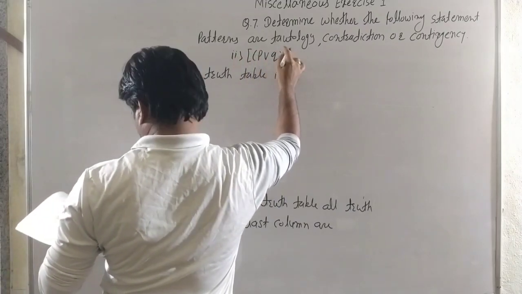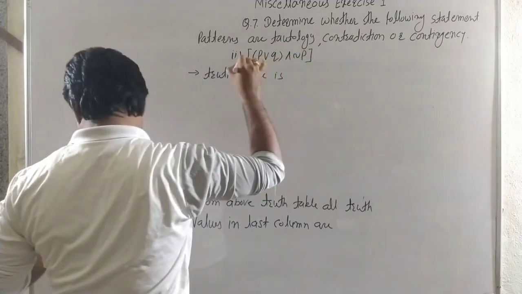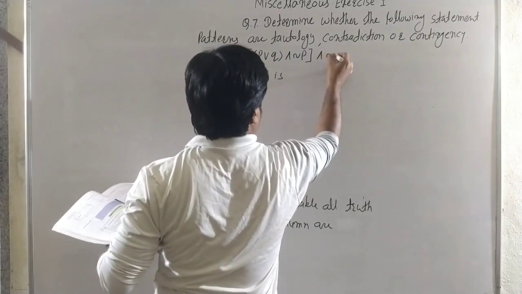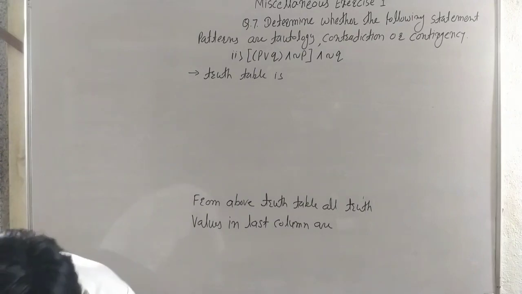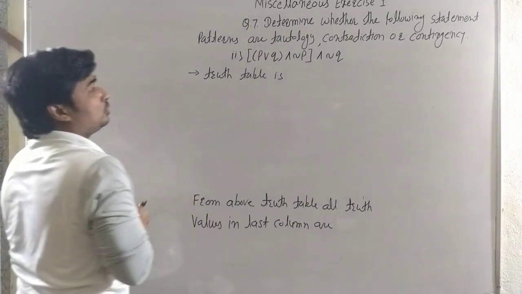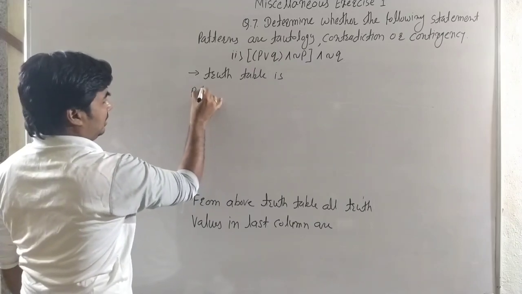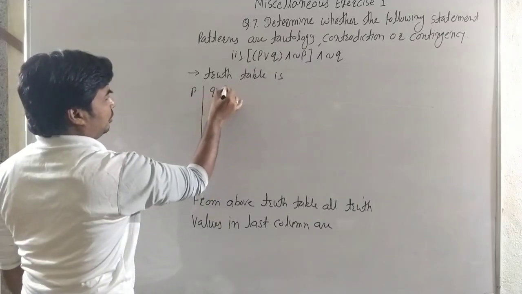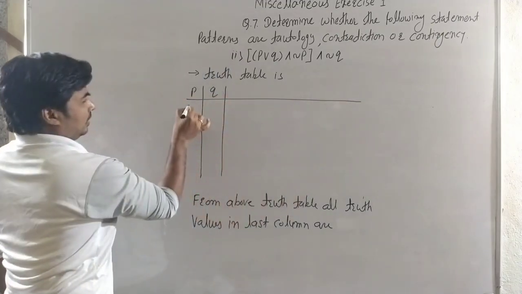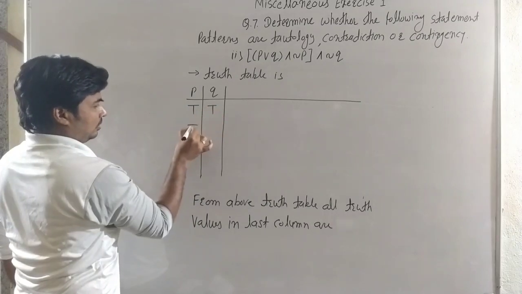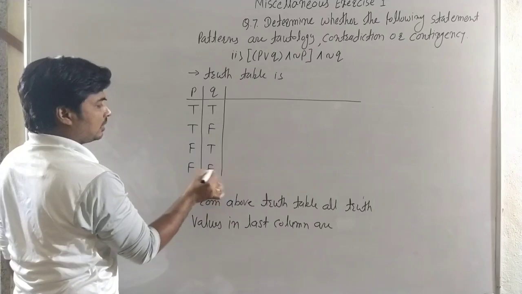P or Q and negation P, and negation Q. Okay. Now, first construct the truth table for this statement pattern. There are only two statements, that means four possibilities. It is P, Q. Okay, four possibilities: true, true, true, false, false, true, and false, false.